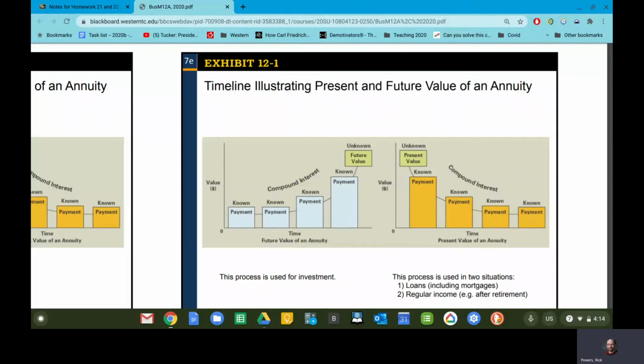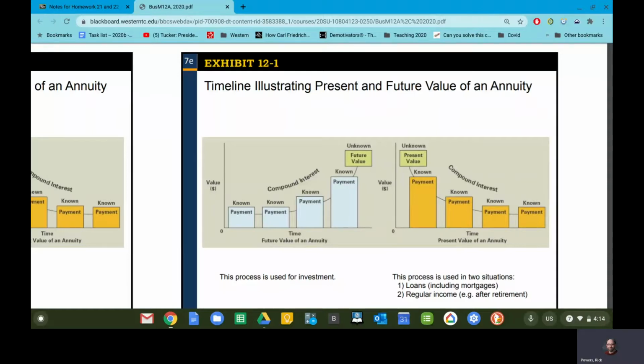The second one is once you get to be retirement age, let's just say, or if you have a trust fund set up for children or something, and you have a large value at the beginning, and then it's a source of regular income, so that you withdraw the interest and also part of the principal from the account, and so it goes down over time.